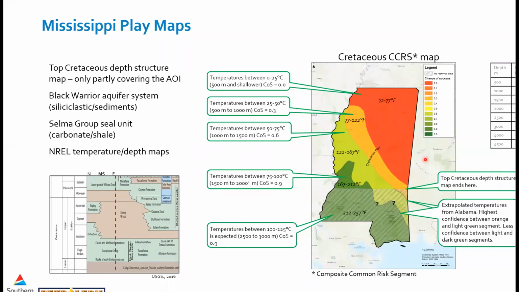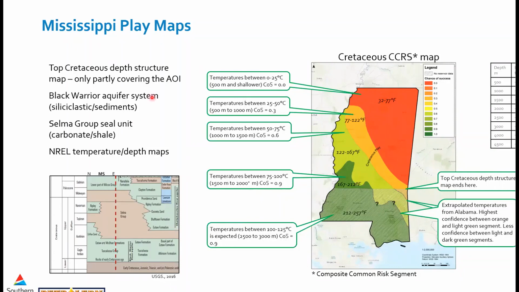What we did, we extrapolated temperatures and the depth lines from Alabama into Mississippi, and the highest confidence is in between the orange and the light green here, whereas down here between the light green and the dark green, the boundary is a bit more uncertain, marked with these question marks.